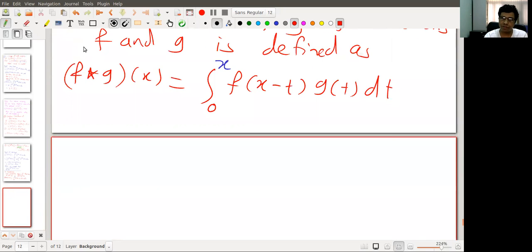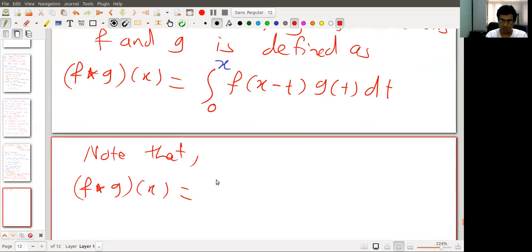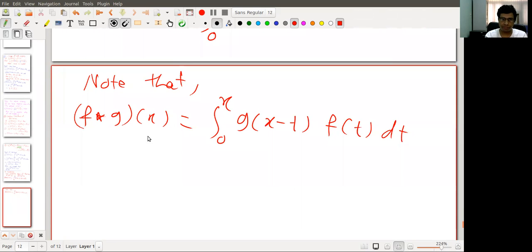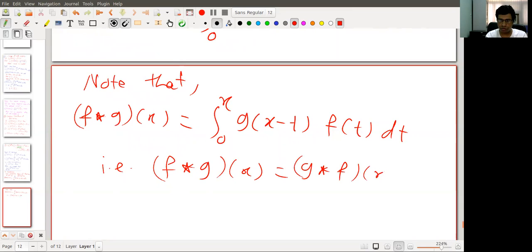Note that this may be defined as f star g of x equal to 0 to x, we may write g of x minus t, f of t dt. That is, f star g of x is the same as g star f of x.